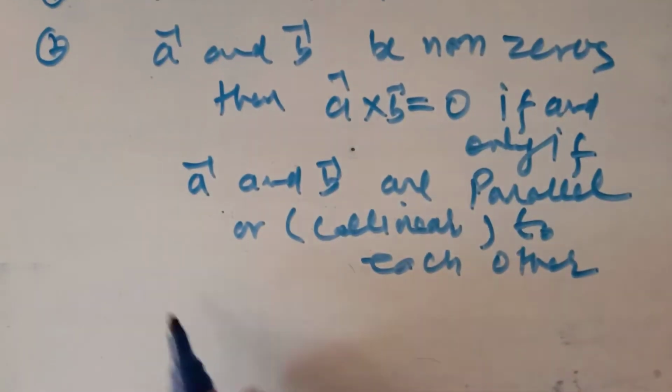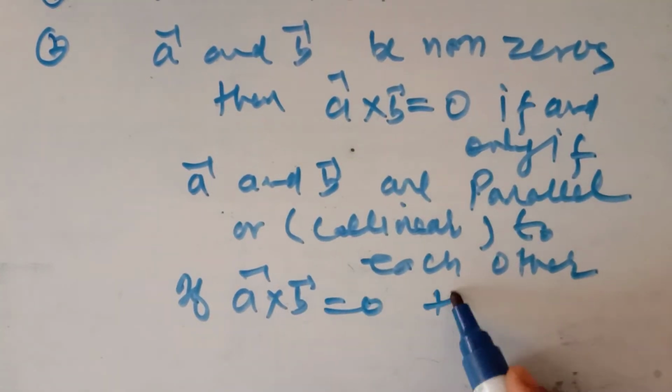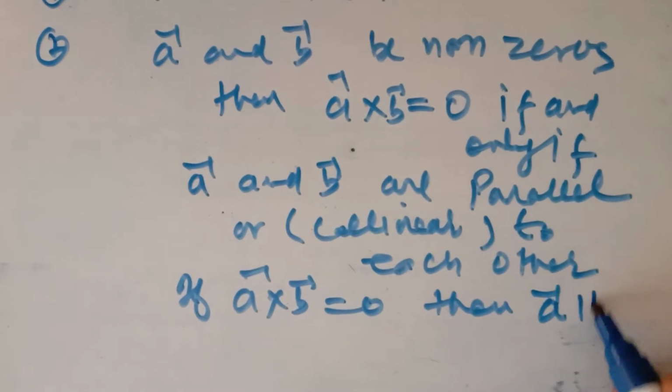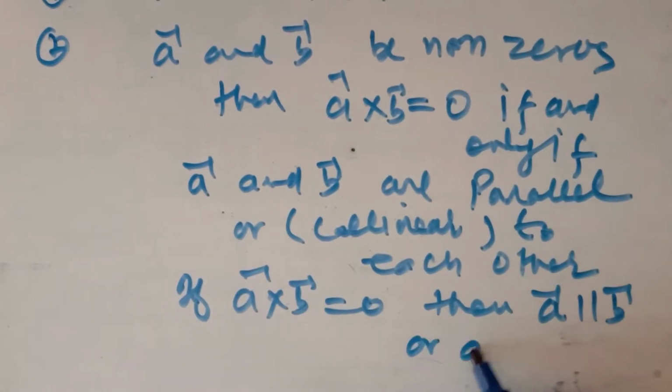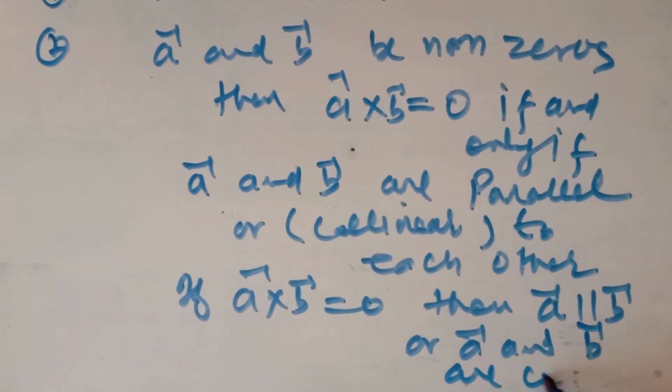That is, if A cross B is equal to 0, then vector A is parallel to vector B, or vector A and vector B are collinear.